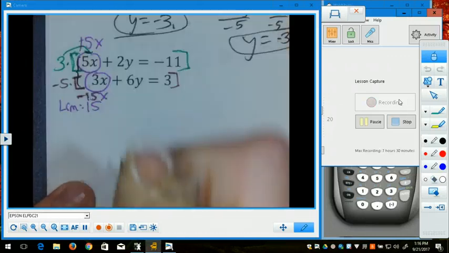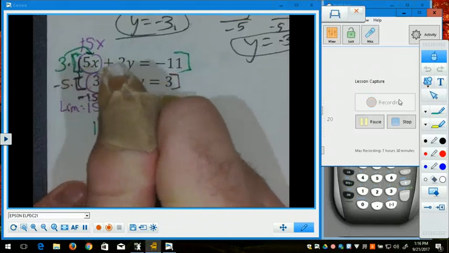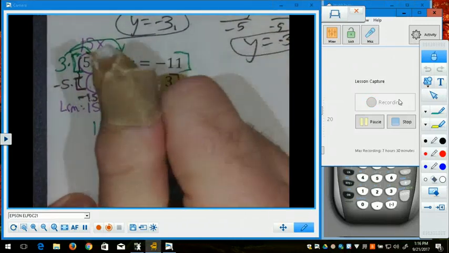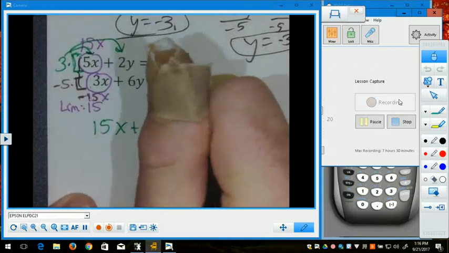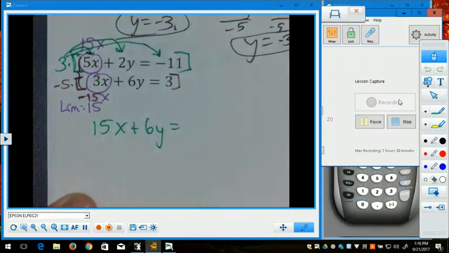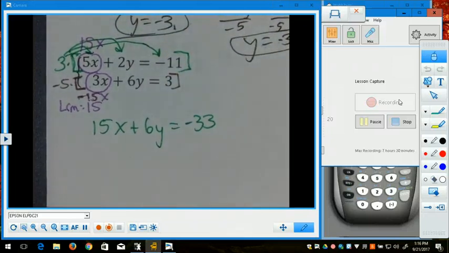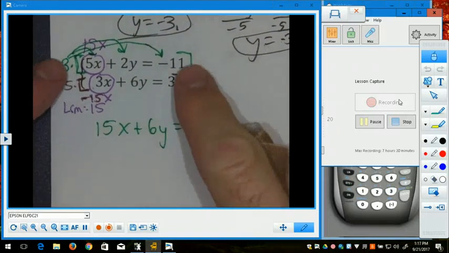I have 3 times 5x, that is 15x. 3 times 2y, that is 6y. And 3 times negative 11, that is negative 33. So I've changed the top equation.